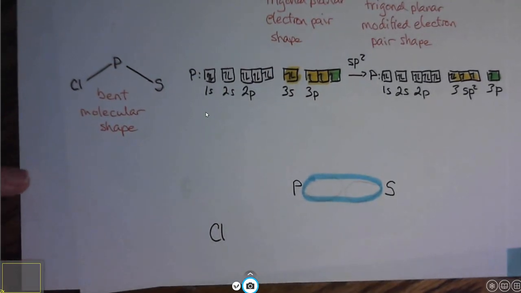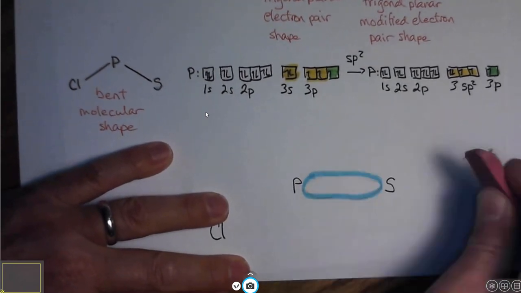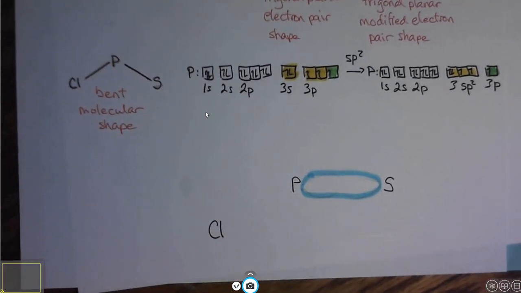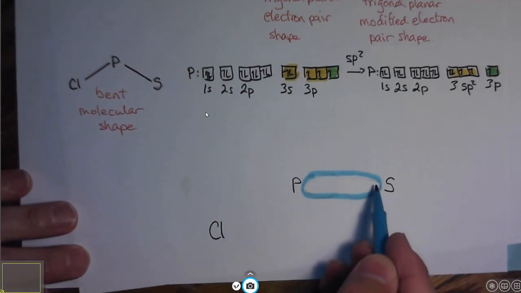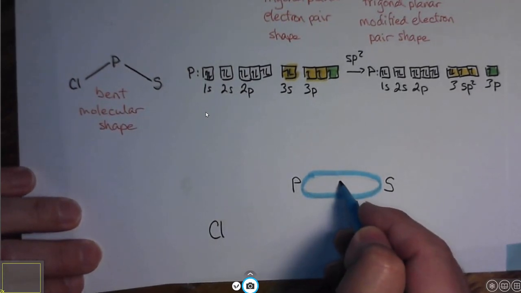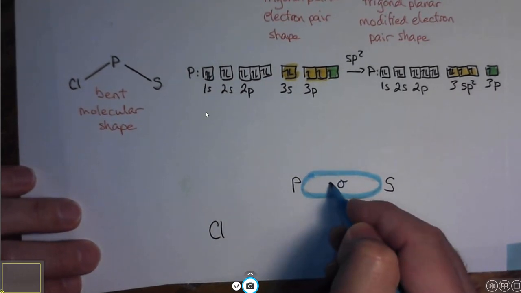Okay? So any bond directly on a line between the nuclei of two atoms is called a sigma bond. There are 2 electrons in there.